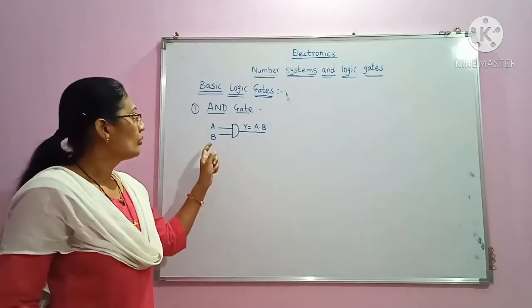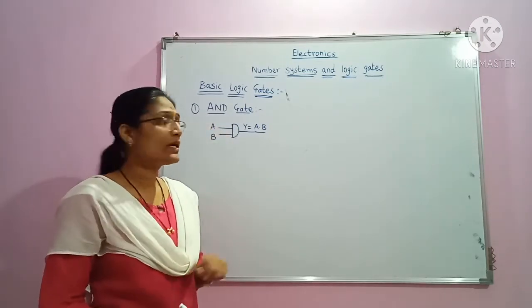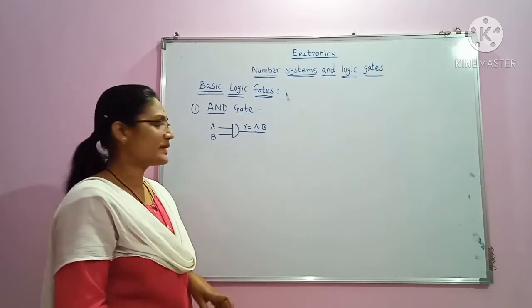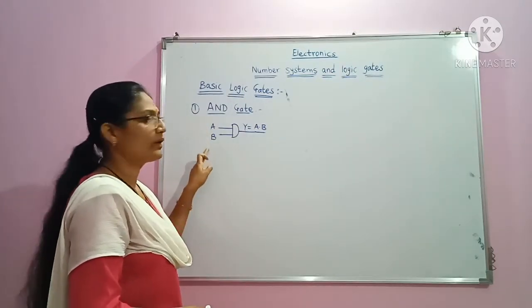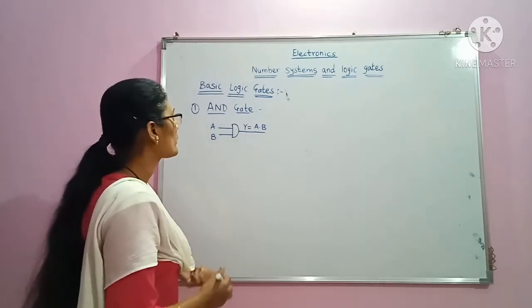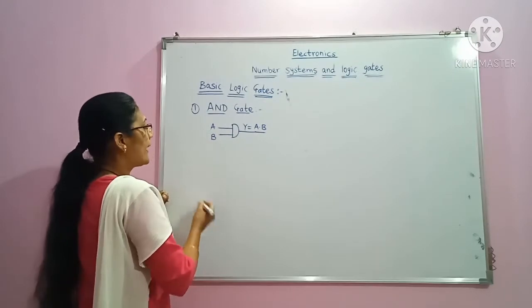I have told you that in case of logic gates, there is a necessity to have a truth table which will represent the variation in inputs and the corresponding output. So here I will draw a truth table for this AND gate.